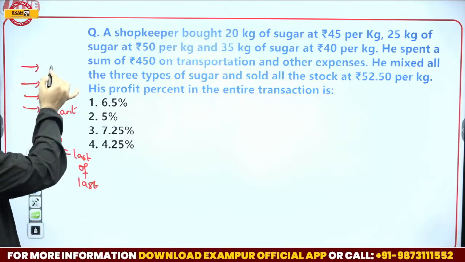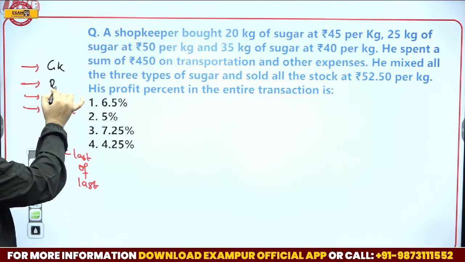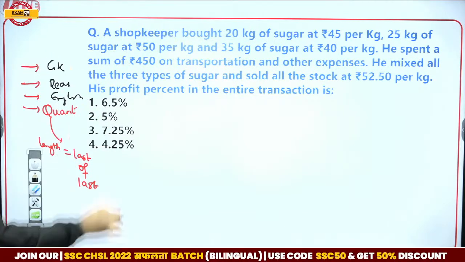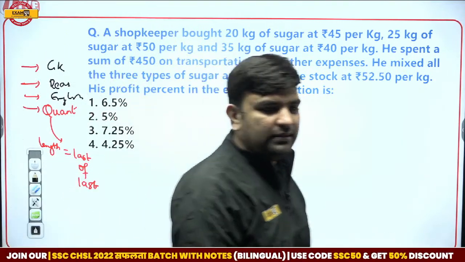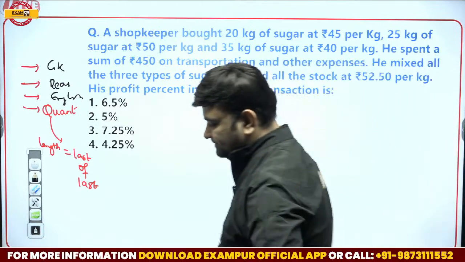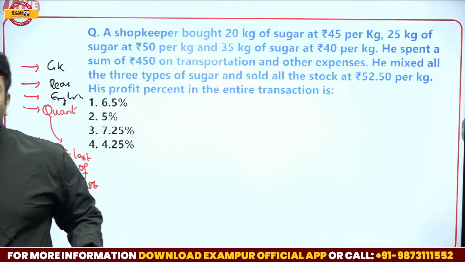Now you can take up GK, reasoning, English, quant, whatever. You can shuffle them among themselves, but try to keep quant in the last only. Because what happens here?